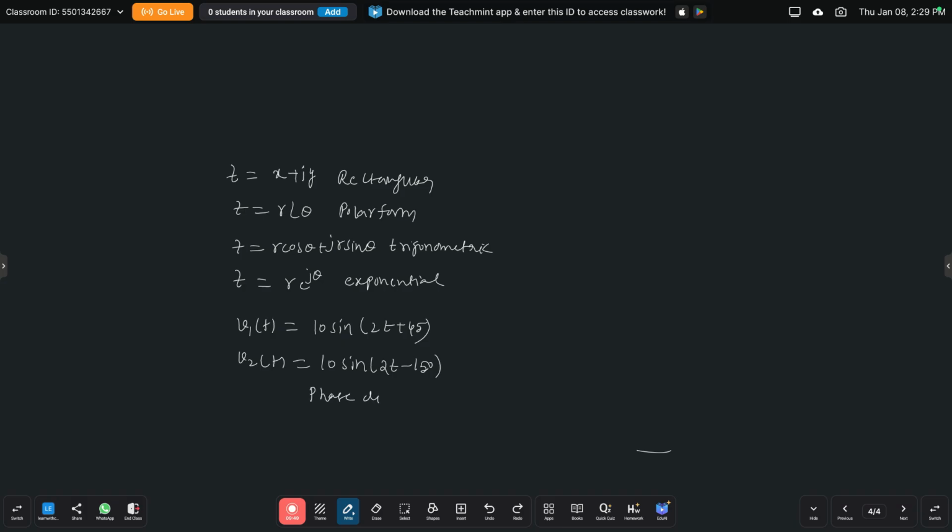The phase difference is nothing but 45 minus 15, which is 60 degrees. So when you see this, v1 of t leads v2 of t by how much? 60 degrees. Right.